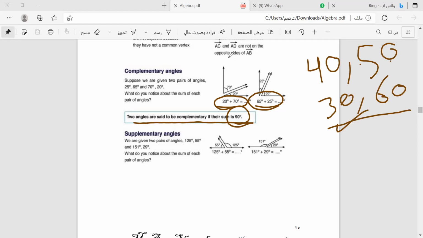What is the meaning of complementary in Arabic? متتامتان.